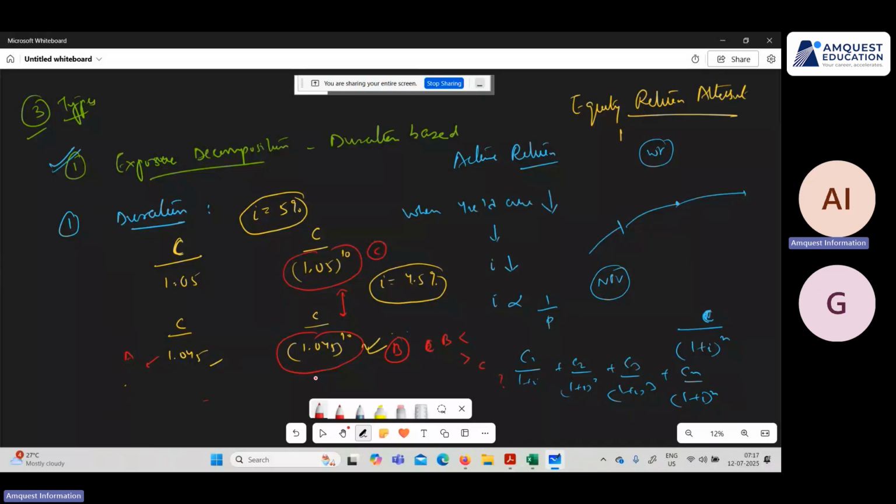B is greater than C. How? This is 1.045, this is 1.05. You mean the denominator or the entire thing? The denominator. The denominator C is greater than B. Okay?